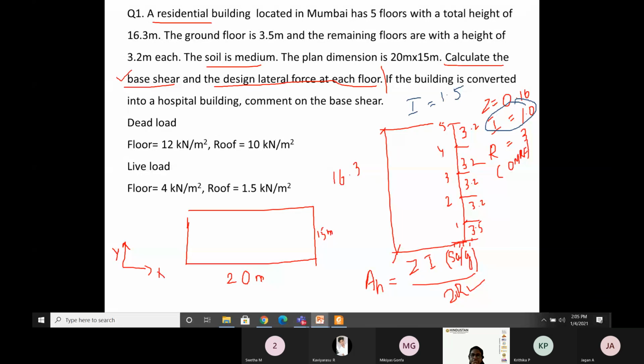Ah value will become 0.1, ma'am. Which one? Ah, ma'am. Okay. No, my question is, you can tell me whether the base shear will increase or decrease when the importance factor is increasing. Base shear increases, ma'am.